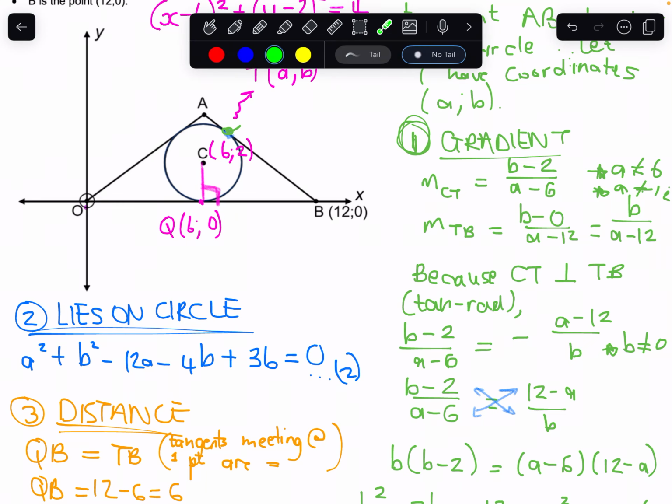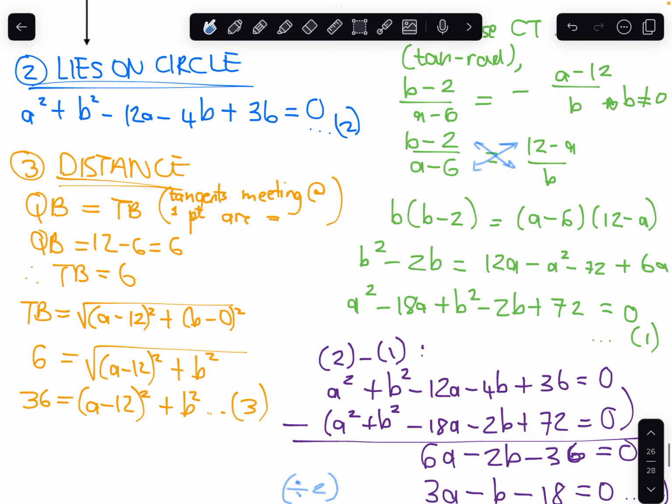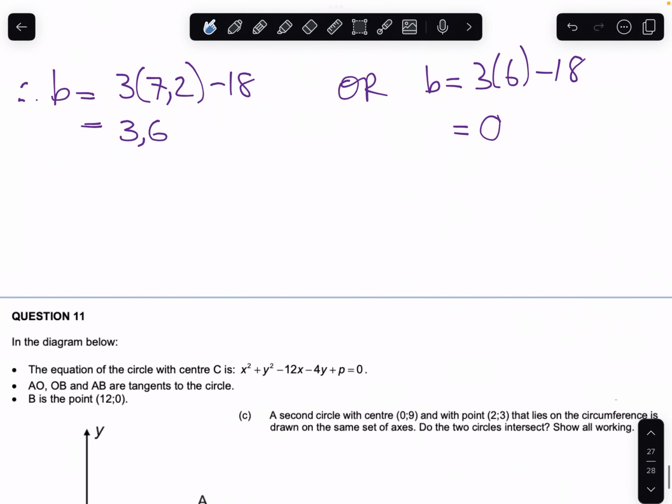But then we would say, but T is not Q. It's not that they're not the same point. So that would disqualify that solution, I guess. I don't know if it would be adequate to say that. Doesn't feel adequate, but I think for high school it would be adequate.